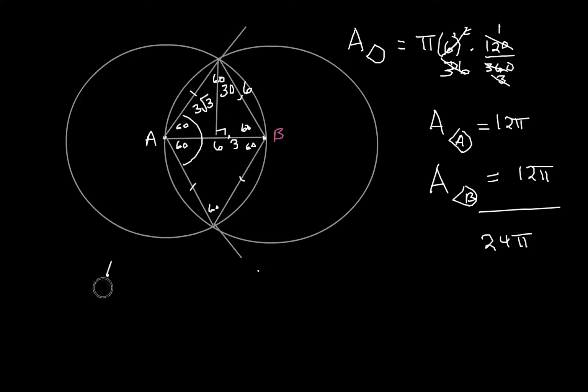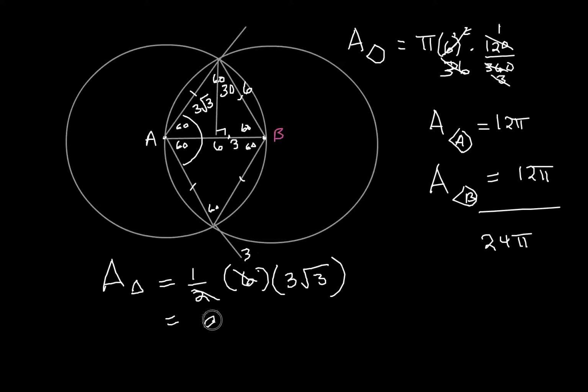So the area of the triangle is 1/2 the base of the big triangle, which is 6, times the height of the big triangle, 3 root 3. So the area of the top triangle is going to be 9 root 3, and the bottom triangle down here is the same, so we're going to take it times 2, so we're going to have 18 root 3.